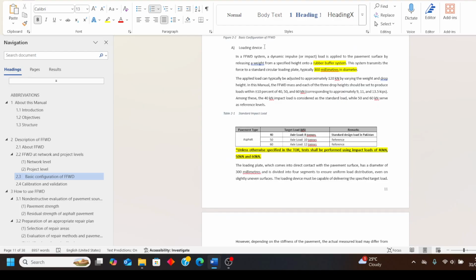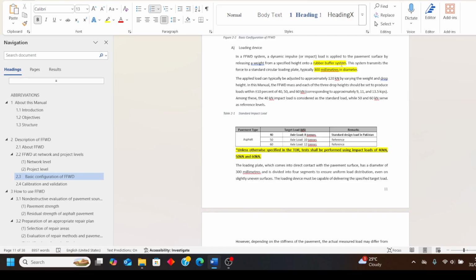The loading device has the mechanism which actually applies a controlled impact load to the pavement surface. So how it works: a fixed mass or weight is dropped from a specific height, and the weight falls onto the rubber buffer system, just like a shock absorber.